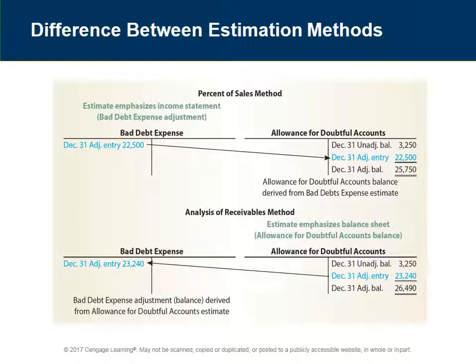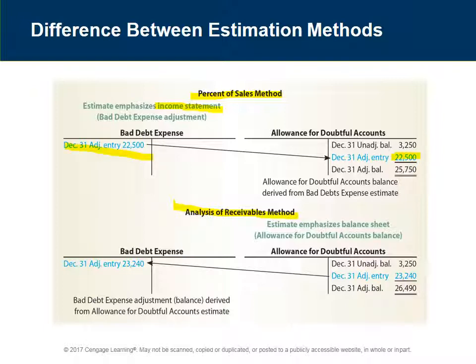First, before we go into those topics, let's talk real quickly about a comparison between the two methods, just kind of a quick review. Remember, I also called the analysis of receivables method the aging of accounts receivable method. Now this method is sometimes called the income statement method because you take the income statement amount and do a multiplication and you just plug it in.